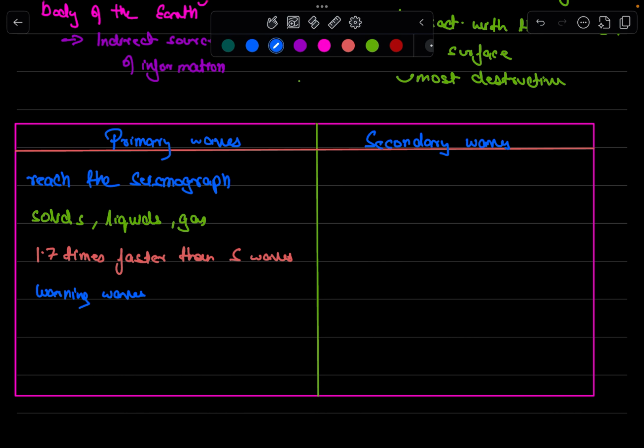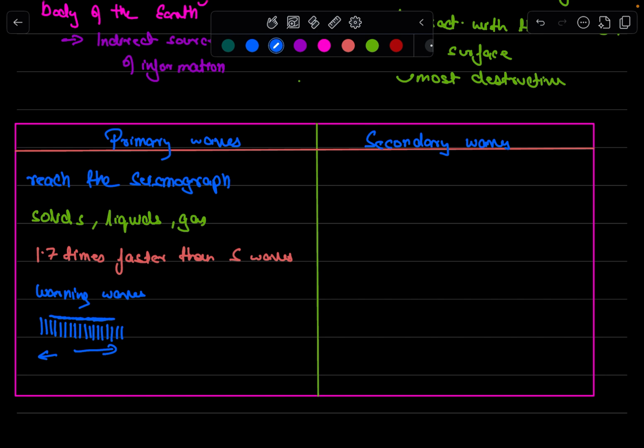And they travel in the way sound waves travel. Who can tell me sound waves travel in what way? Yes, please do tell me, anybody in the comment section. So like this, the sound waves travel like this. This is the traveling way.